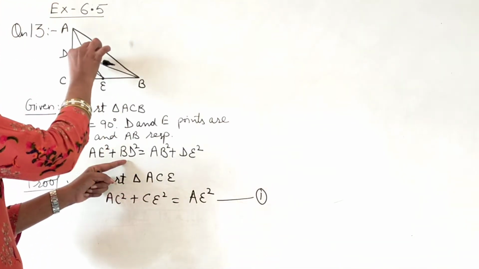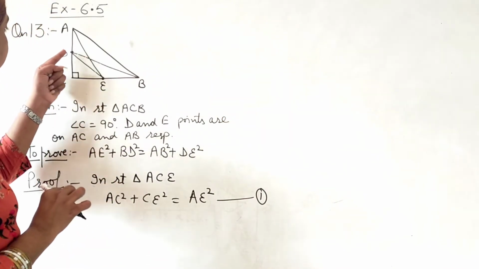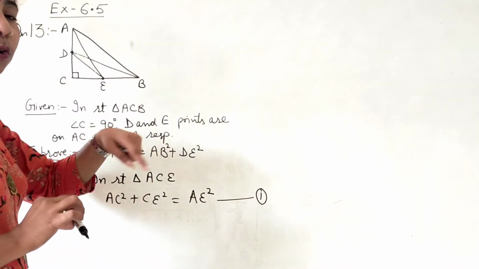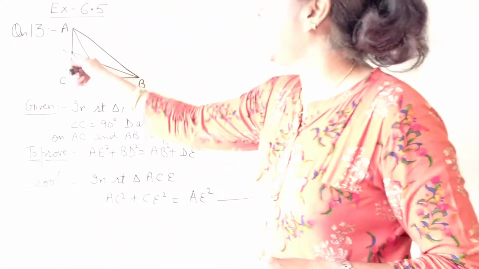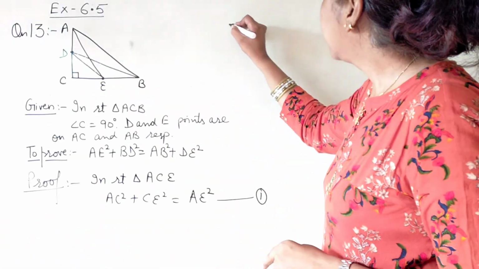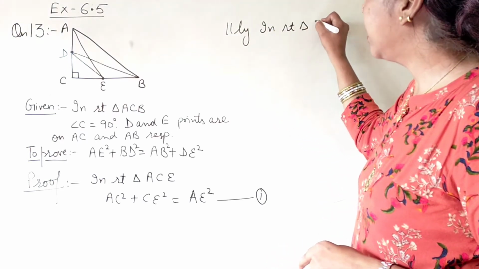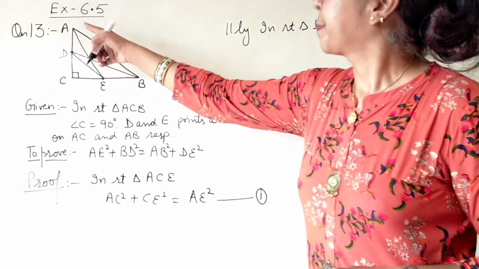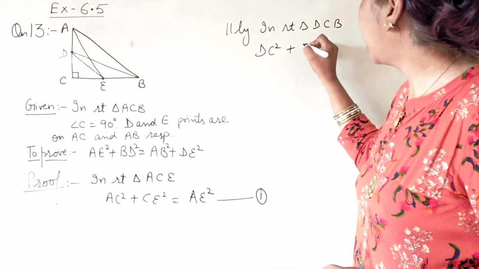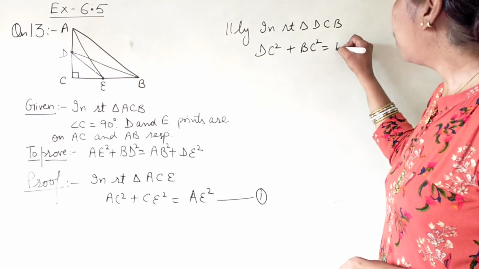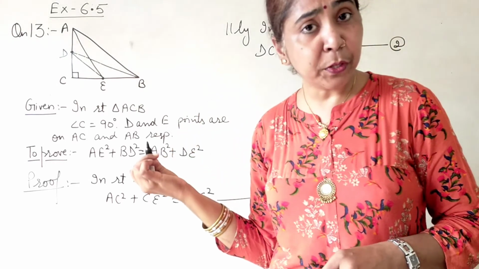In which triangle will you get BD? In right triangle DCB. So I am applying Pythagoras in the next right triangle DCB. In right triangle DCB, DC square plus BC square is equal to BD square, and this is equation number 2.